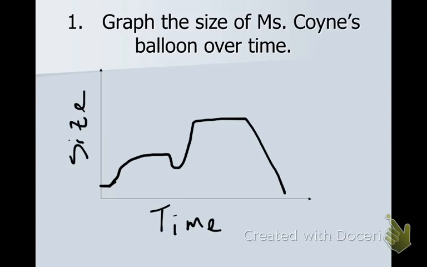It definitely lost air a lot quicker than it gained air, maybe. This is a rough graph, but we want to make sure that we show some representation of what happened in that scenario.